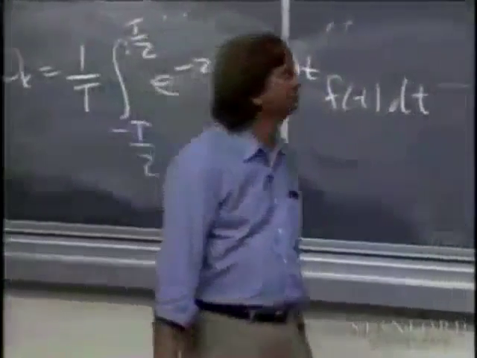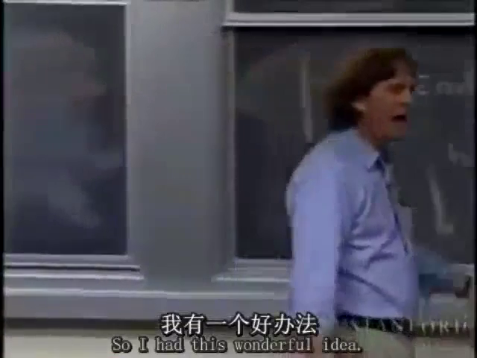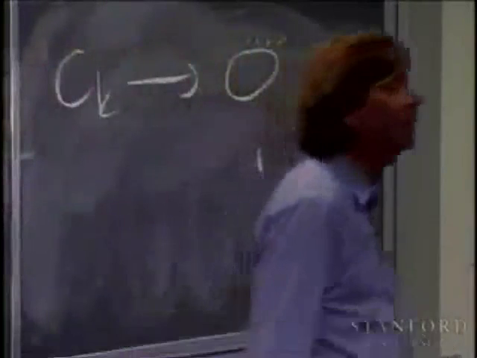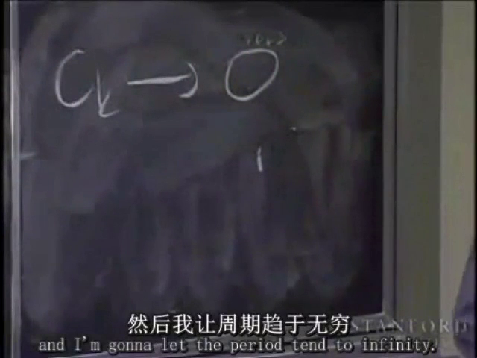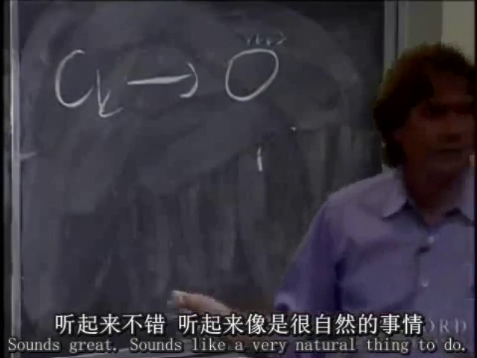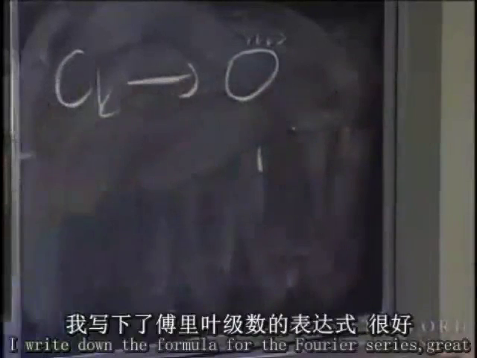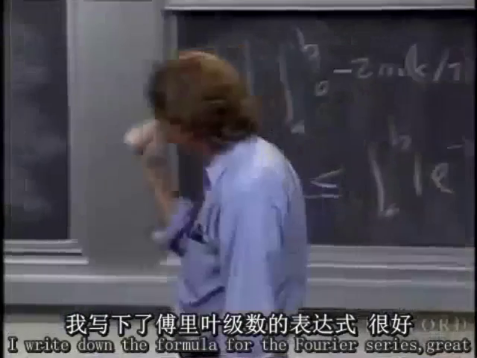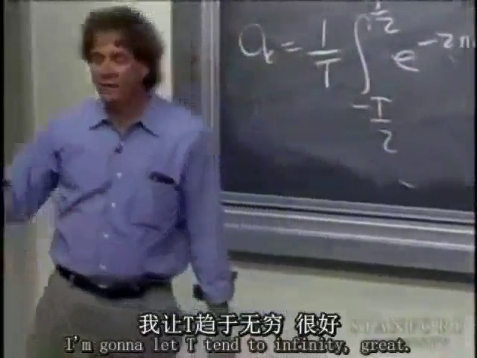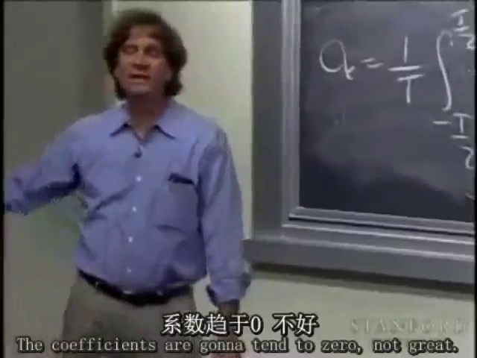So I had this wonderful idea. I said I'm going to approximate a non-periodic phenomenon by a periodic phenomenon with a very large period, and I'm going to let the period tend to infinity. Sounds great. Sounds like a very natural thing to do. I write down the formula for the Fourier series. Great. I got these coefficients. I'm going to let T tend to infinity. Great. The coefficients are going to tend to 0.